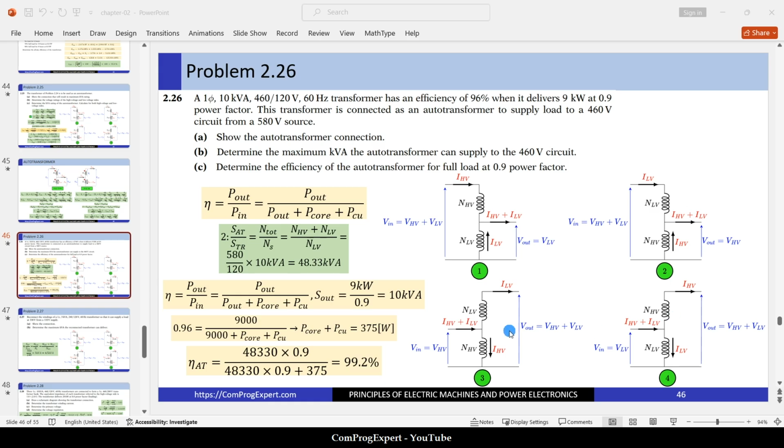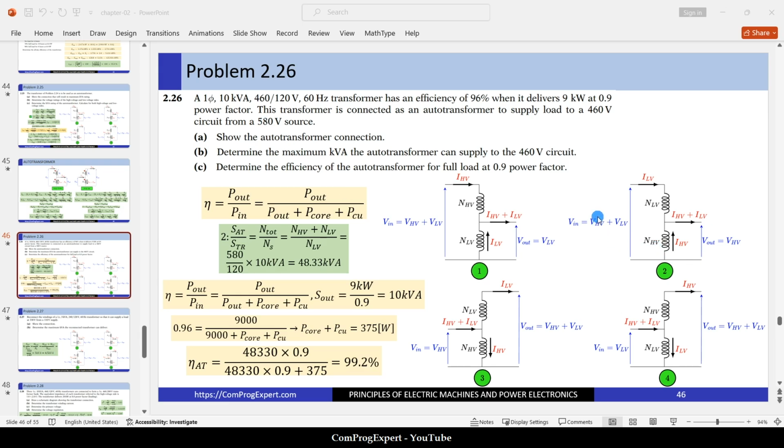So here we have 4 cases. Which one is compatible with this problem? As you can see, the load voltage is 460. This is the load voltage. Input voltage is 580.